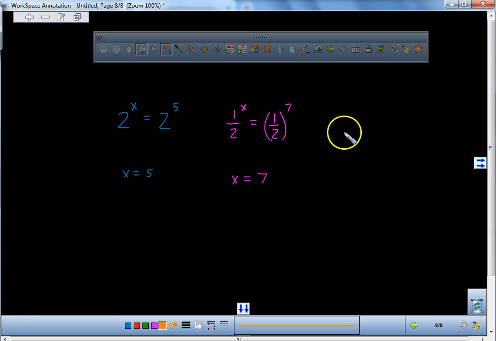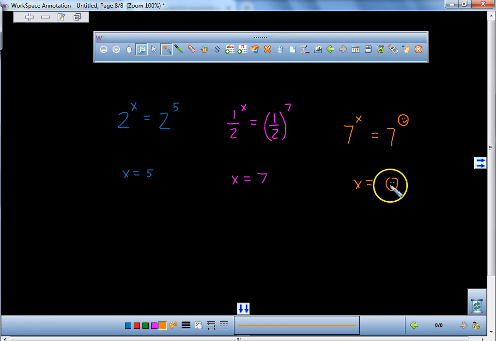Let's do another one. If I say 7 to the power of x equals 7 to the power of happy face, what do you think x would have to equal? You're right, happy face. That's not a very good happy face. There we go.